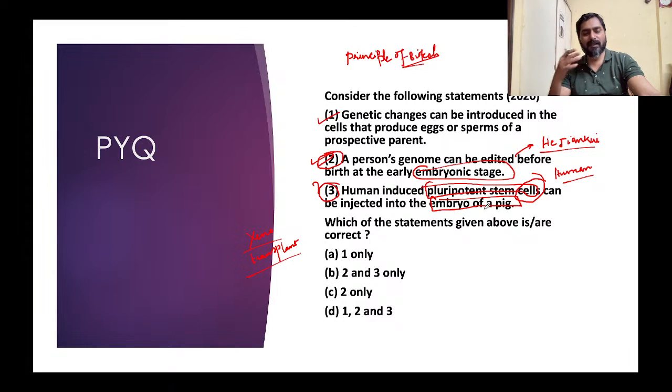So we are using the same method. That is why it is possible to transfer human cells into a pig or pig cells into humans. So even this statement is correct. So in this case, the correct answer is D, that is, all the statements are correct.